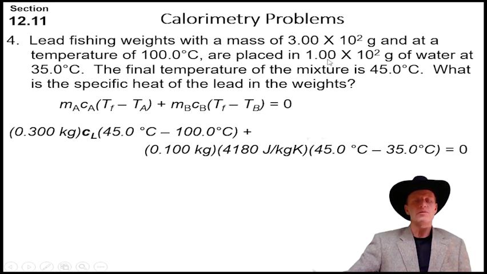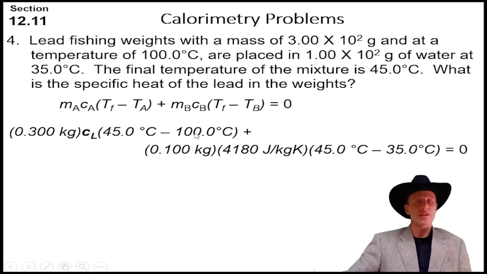Right there, 100. Fancy way of writing 100. So that's 0.1 times the specific heat of water, which you're going to have memorized by the time you're done with this chapter, 4180. And then the change in temperature. That final temperature again is 45, but the water started at 35. So 45 minus 35.